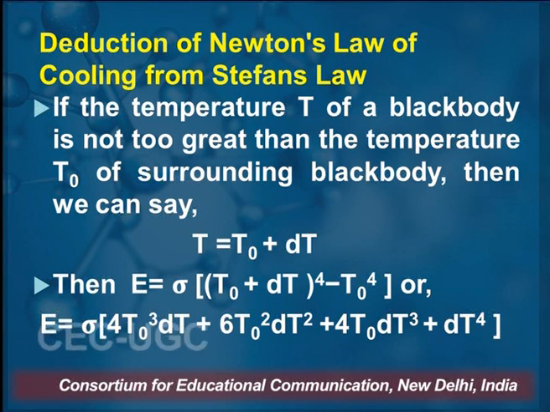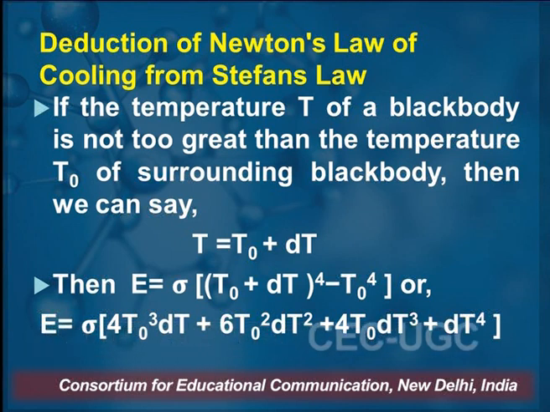Then from the Stefan-Boltzmann law we have E is equal to sigma [(T0 + dt)^4 - T0^4]. Now let me expand the term in the brackets.